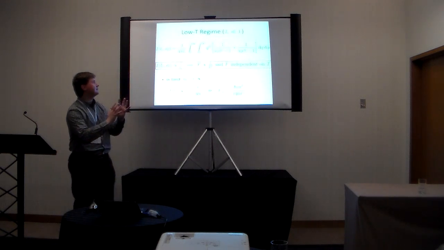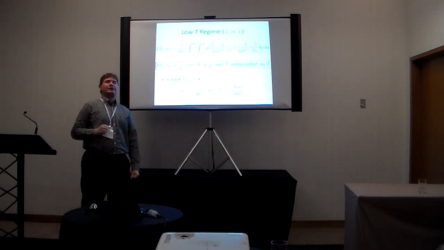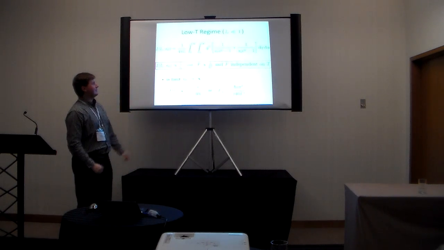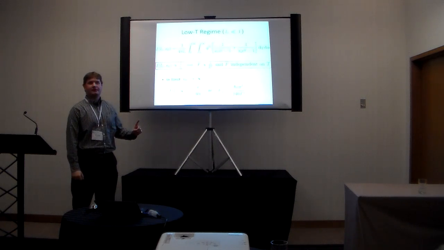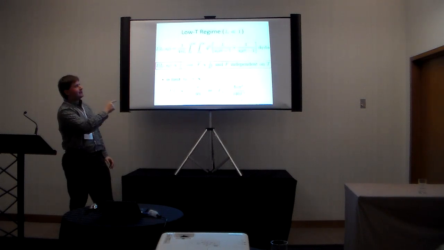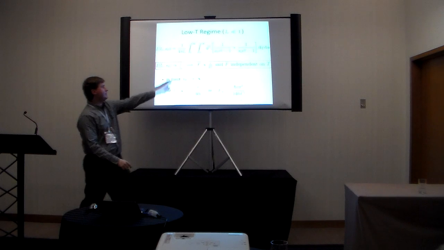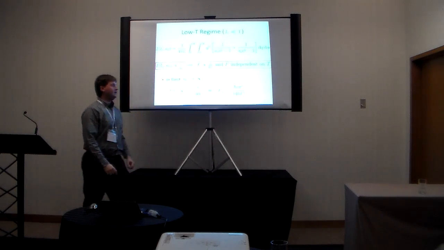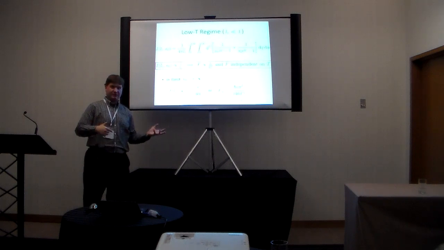individually. Let's start with the low temperature regime, which is when the length ratio is much, much smaller than 1. In this case, you get that. But what's important is not the integral itself, but the fact that the integral has no dependence on the length ratio. All the dependence on the length ratio comes outside here. The only thing that the integral depends on is the permittivity at 0 frequency.